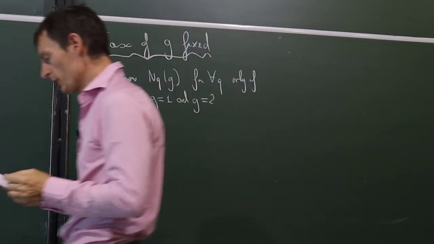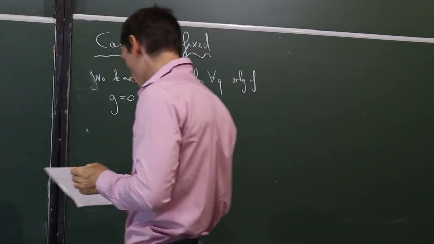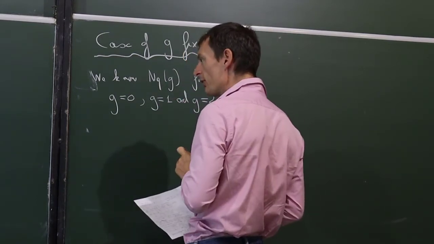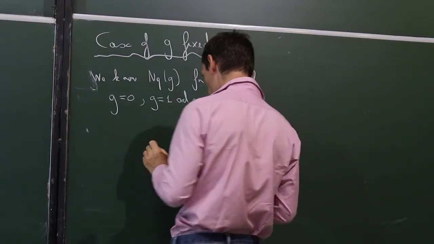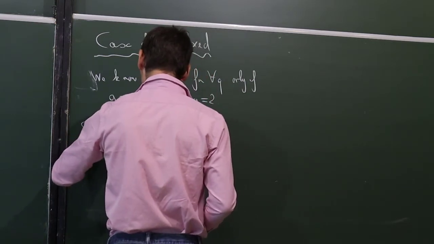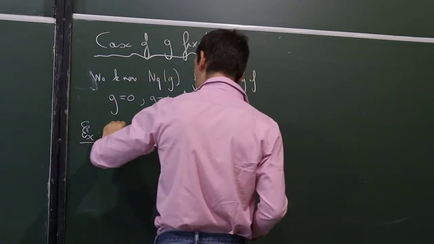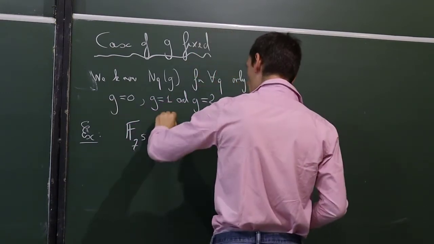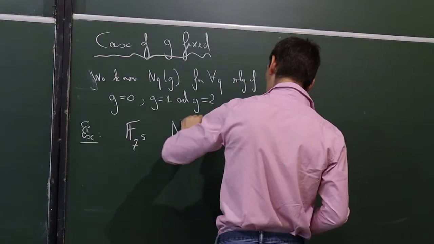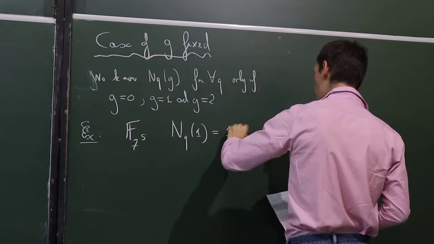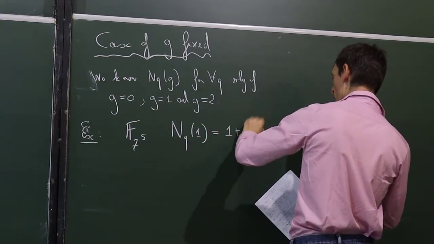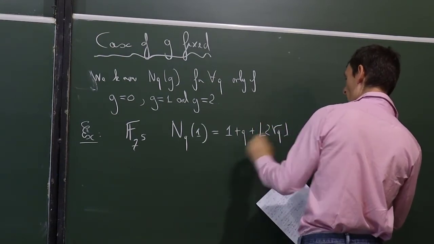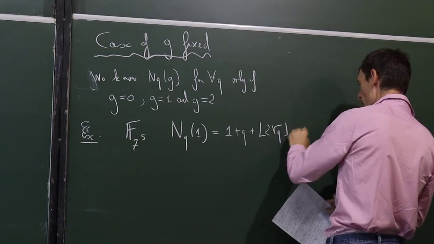So the story ends very quickly, and even for g equal 1, this Hasse-Weil-Serre bound is not always reached. Let me give you some examples. Over F7 to the 5th, N_q(1) is not 1 plus q plus the integer part of 2 square root of q, but it is this minus 1.